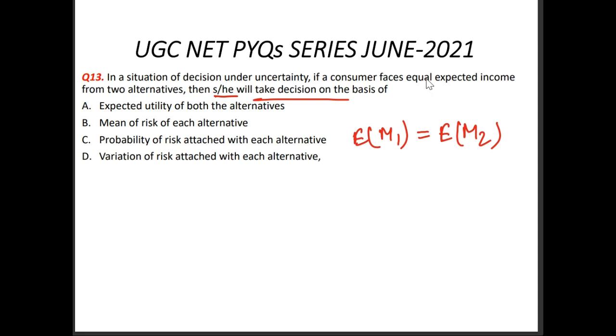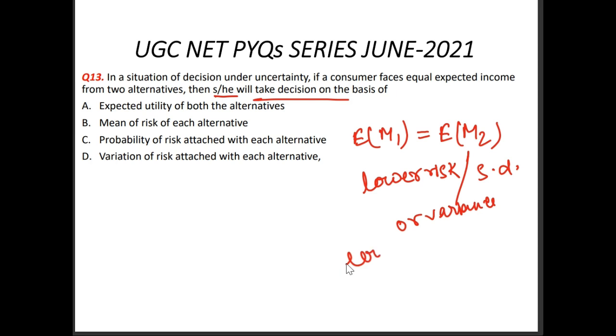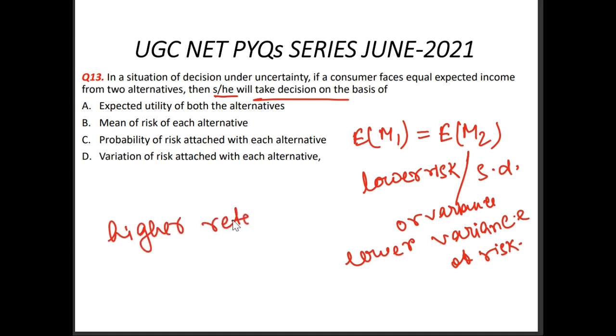Okay. अगर expected income इक्वल है तो रिस्क अवर्स पर्सन under uncertainty always chooses lower risk. और रिस्क मतलब क्या है, how do we measure risk, standard deviation और variance, hence lower variance of risk, and higher return. अगर एक्सपेक्टेड इनकम इक्वल है तो वो always chooses lower risk और lower variance.